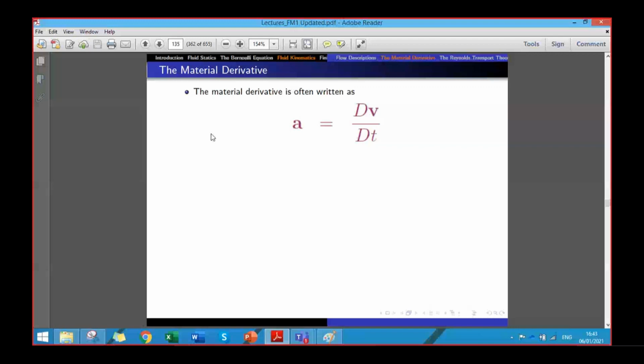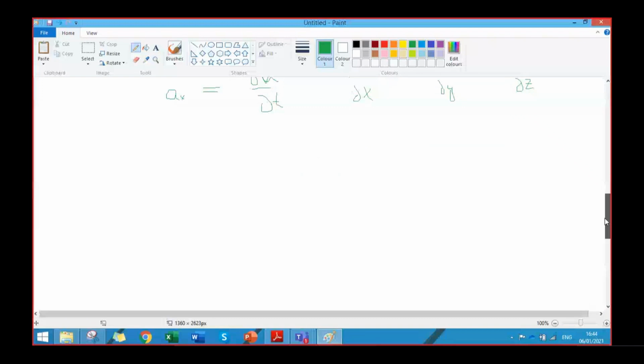This can be done for any property, not only for velocity, but also for temperature. If I ask you to calculate the total derivative for temperature, DT by Dt, you will just write the description of the material derivative.